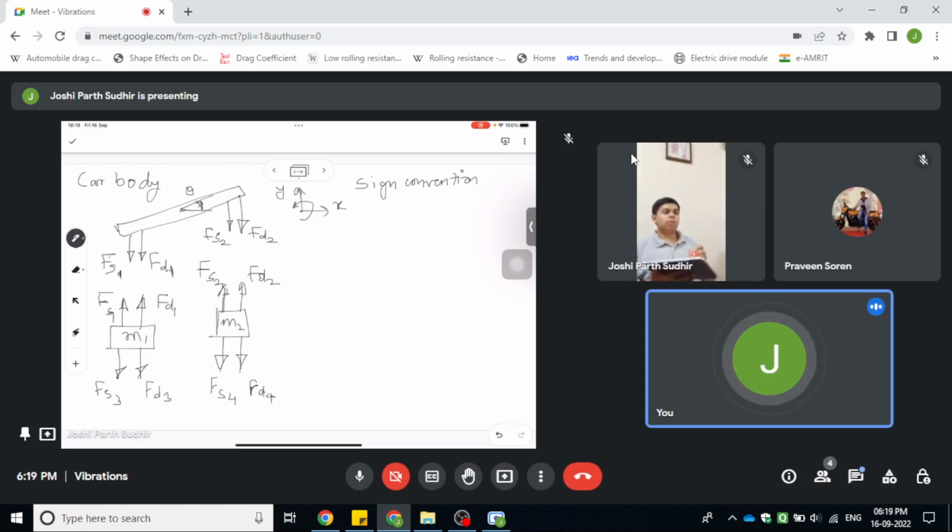So these are the free body diagrams of the masses m1 and m2. So our next job is to basically write down the expressions of these forces.